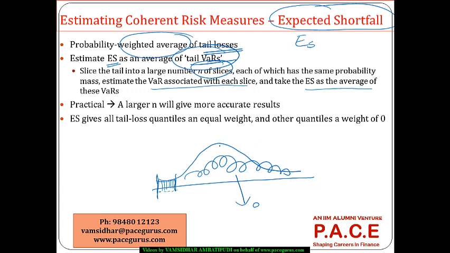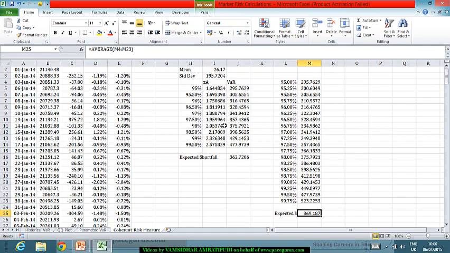That is, if you are looking at all the tail loss quantiles, these are the tail loss quantiles. They are given equal weight, and all other quantiles are getting a weightage of 0. That is what goes into the computation of the expected shortfall.